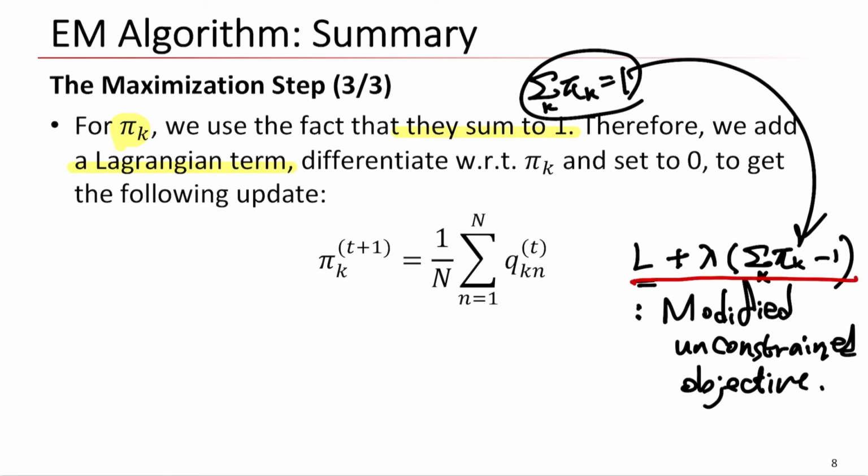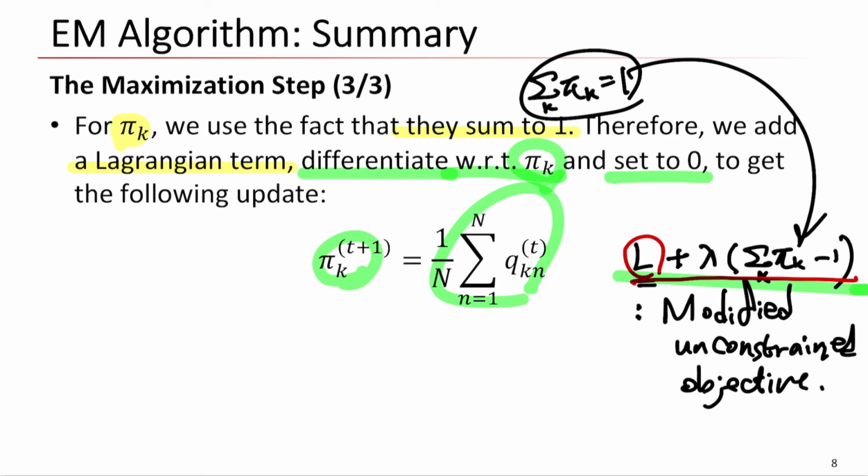So by solving this loss function, we can derive the new pi k t plus 1. By differentiating this loss term with respect to the pi k and setting it to 0, we will get the following update. Okay, so this is the maximization step, right?